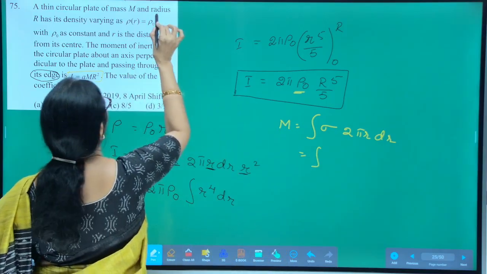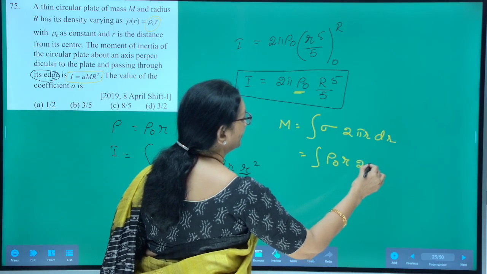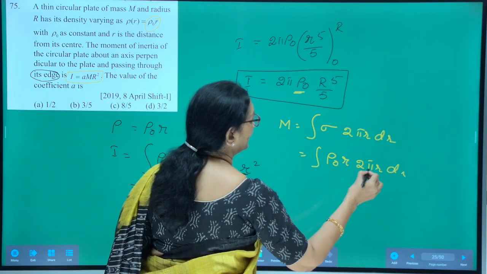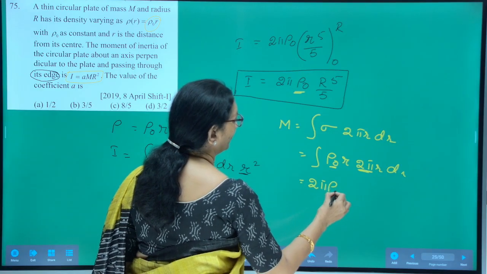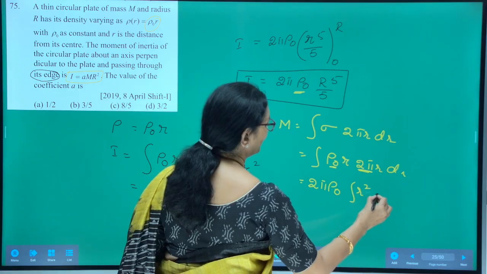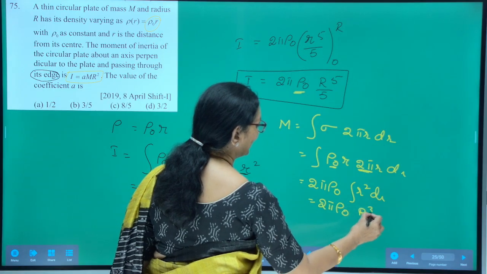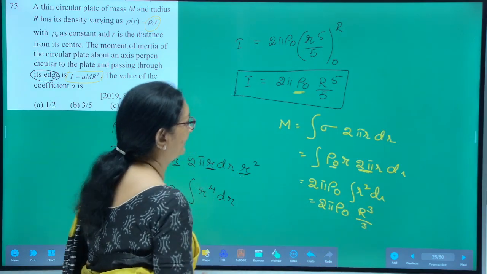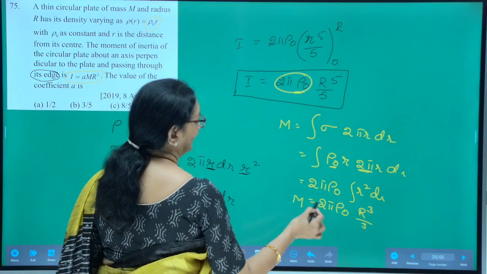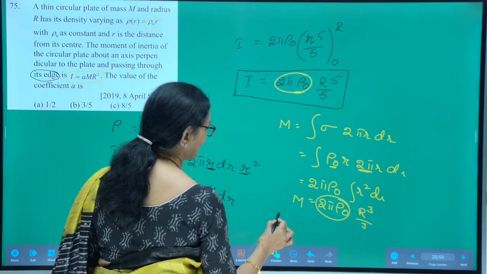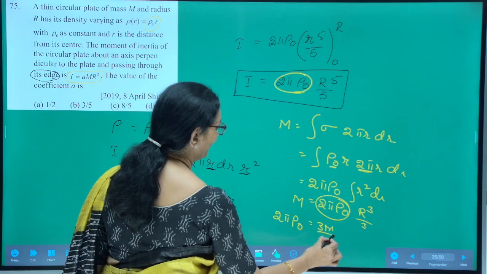Sigma is given as rho naught into r, so rho naught r into 2 pi r dr. So, 2 pi rho naught can be taken as a common factor. 2 pi rho naught integral r square dr, or 2 pi rho naught R cube by 3 after substituting the limits also. So, from this we can directly replace this: 2 pi rho naught is equal to 3m by R cube.